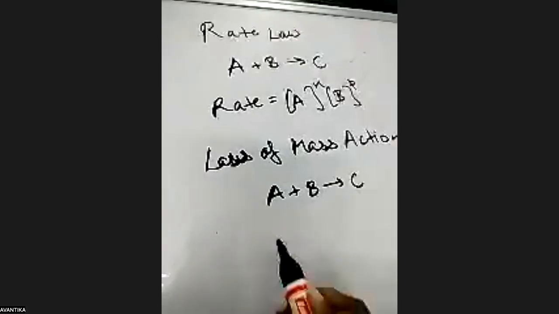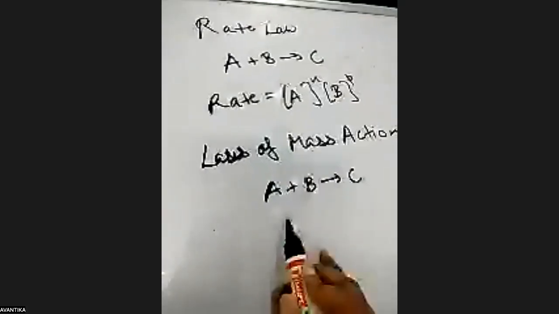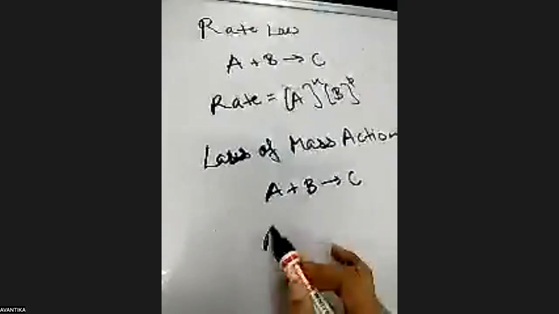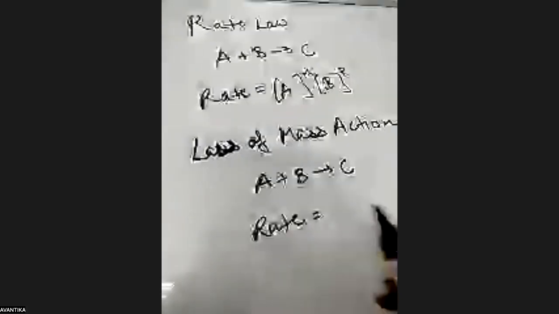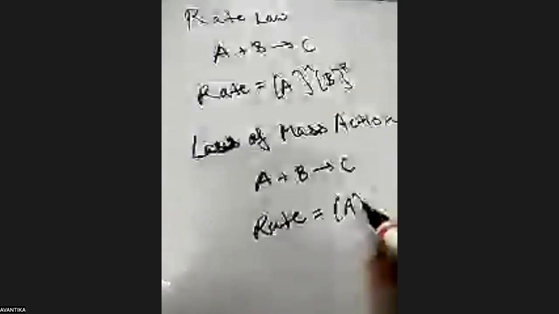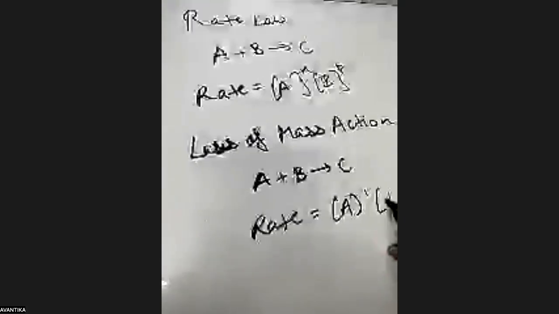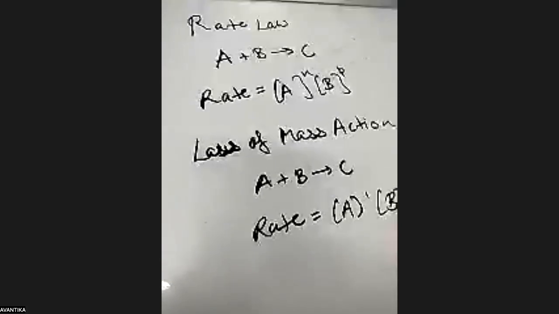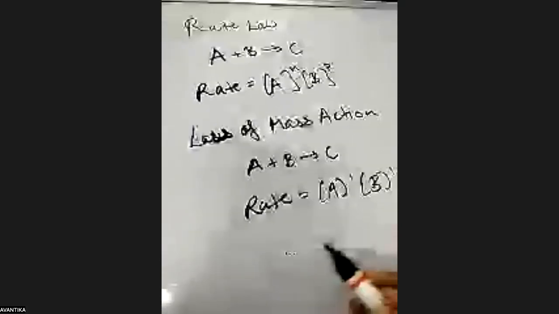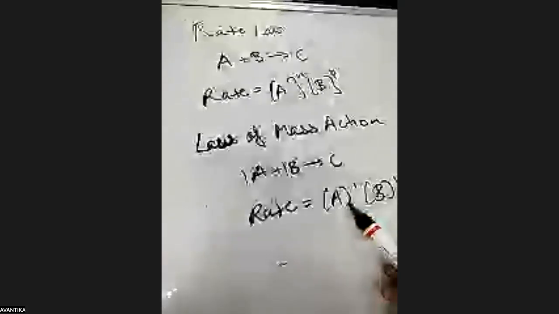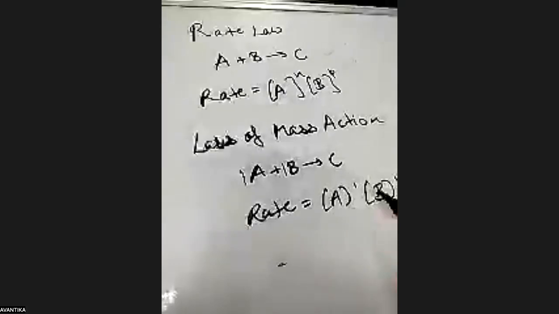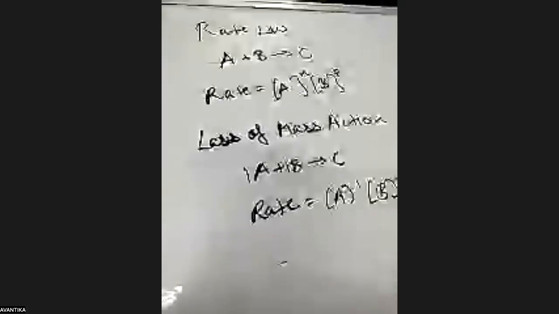In case of law of mass action for an elementary reaction, we will express the rate with the help of the stoichiometric coefficients of the given reaction. Here, because the stoichiometric coefficient is 1 for A and 1 for B, the rate will be A to the power 1 and B to the power 1.